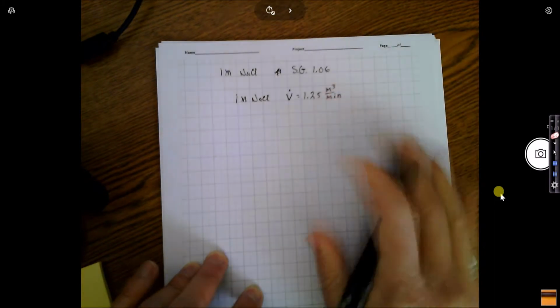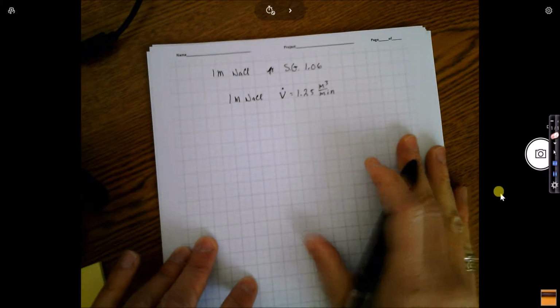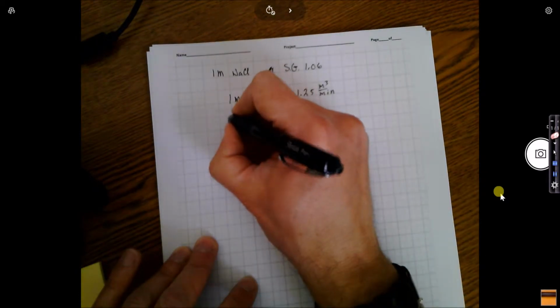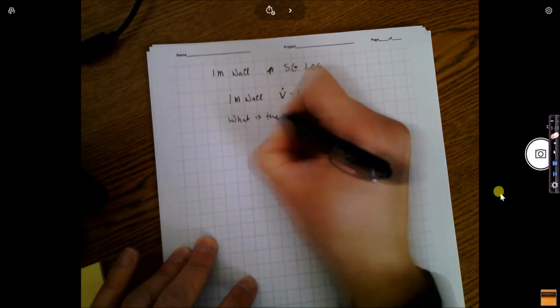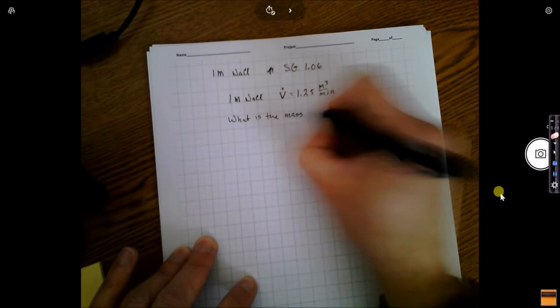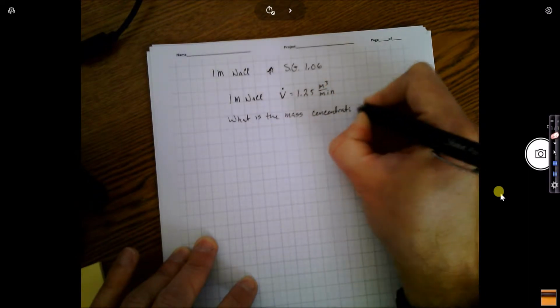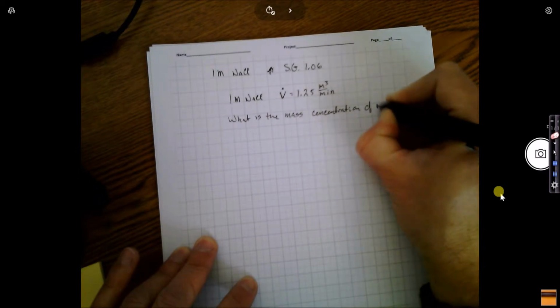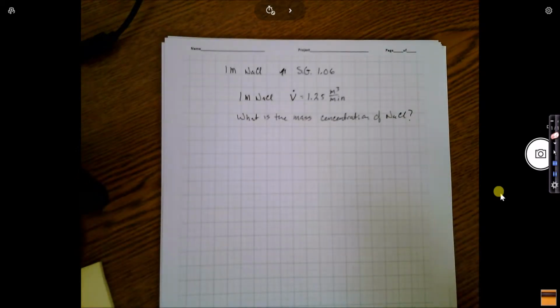And we want to know what the mass concentration of this is. So what is the mass concentration of sodium chloride?